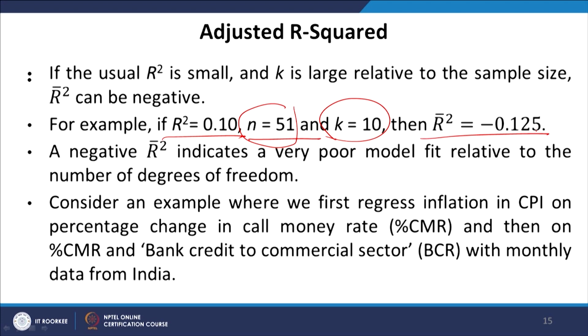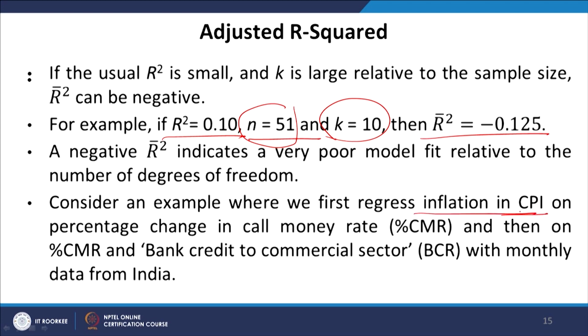Consider an example where we first regress inflation in CPI on percentage change in call money rate, and then on percentage change in call money rate and bank credit to commercial sector, with monthly data from India. So, what we are doing here is that we have one dependent variable to begin with, which is inflation in CPI.